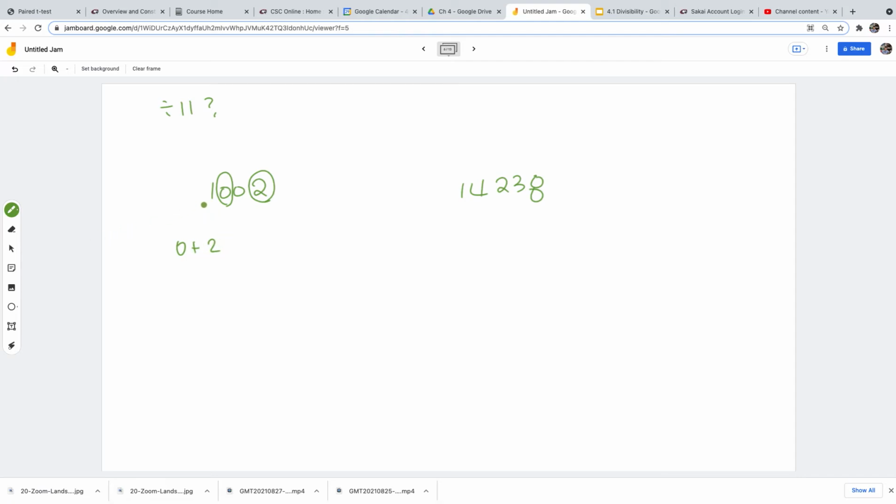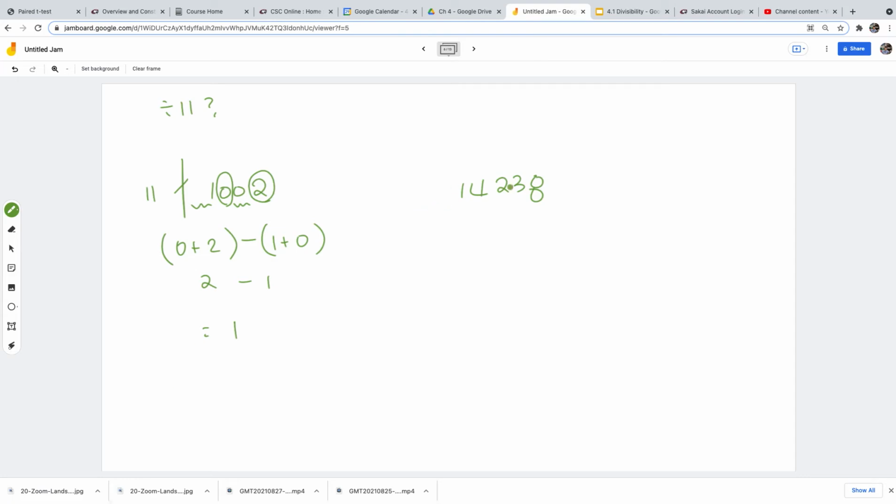And look at the digits in the odd powers, 1 plus 0, and find the difference of these two. The order doesn't matter, you can subtract the smaller from the bigger number. 0 plus 2 is 2, 2 minus (1 plus 0) is 1. 1 is not divisible by 11, so it's not divisible by 11.